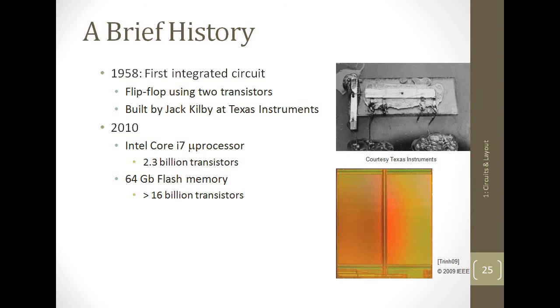So a brief history: in 1958 the first integrated circuit was developed, which consisted of a flip-flop using 2 transistors. This was built by Jack Kilby at Texas Instruments. In 2010, the Intel Core i7 microprocessor used 2.3 billion transistors. A 64 GB flash memory was also introduced, consisting of more than 16 billion transistors.